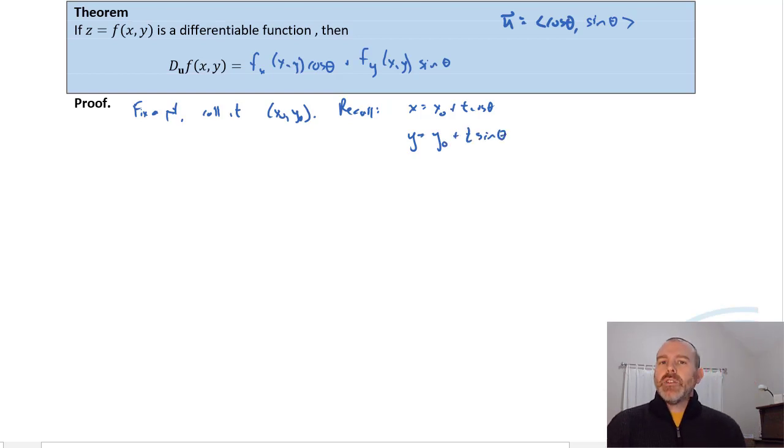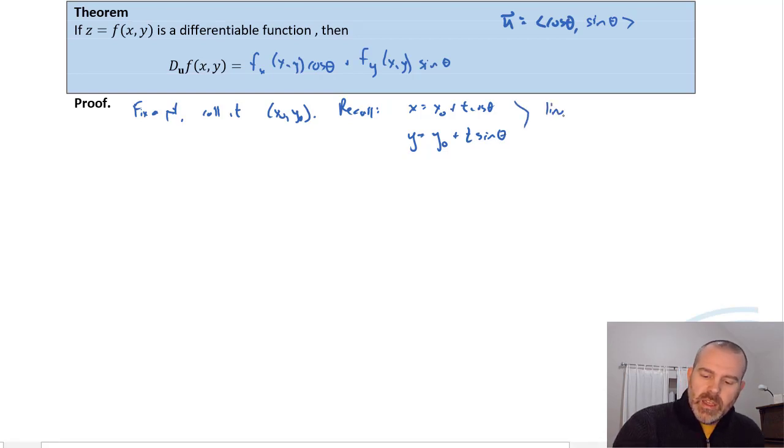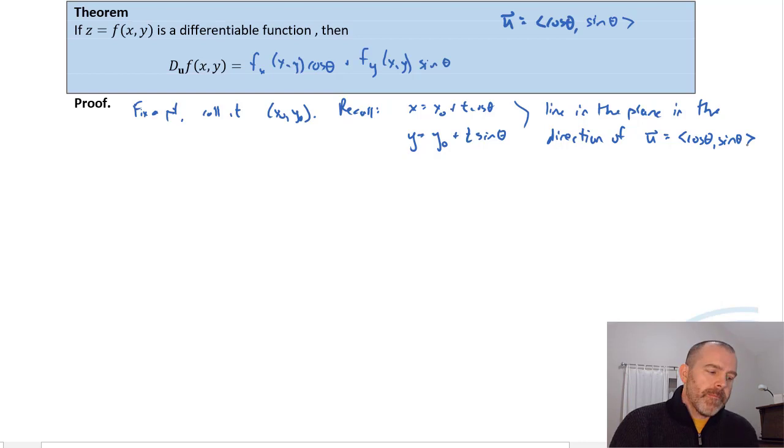That was our 2D line in the plane, and that's in the direction of our u vector, which was cosine theta, sine theta.